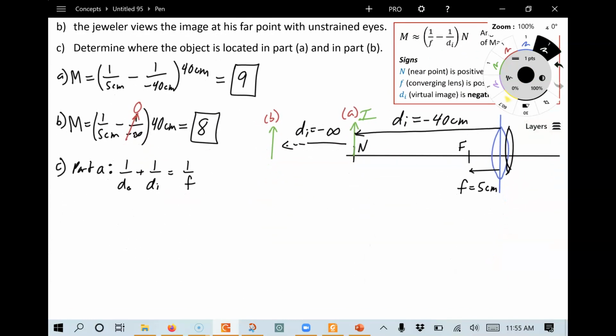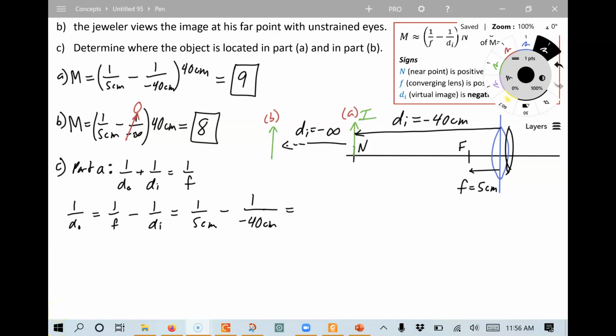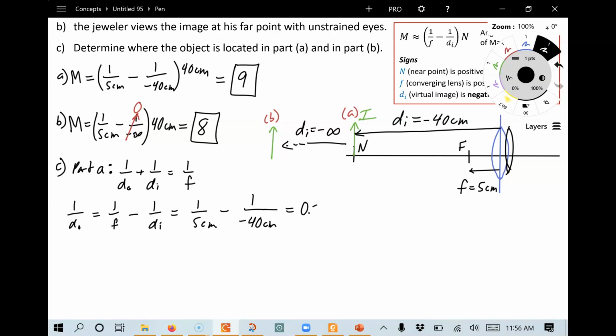So for this first part, we're going to go ahead and solve for 1 over do. It's equal to 1 over f minus 1 over di. That's 1 over 5 centimeters minus 1 over a negative 40 centimeters for part A, which gives us a value of 0.225 inverse centimeters.